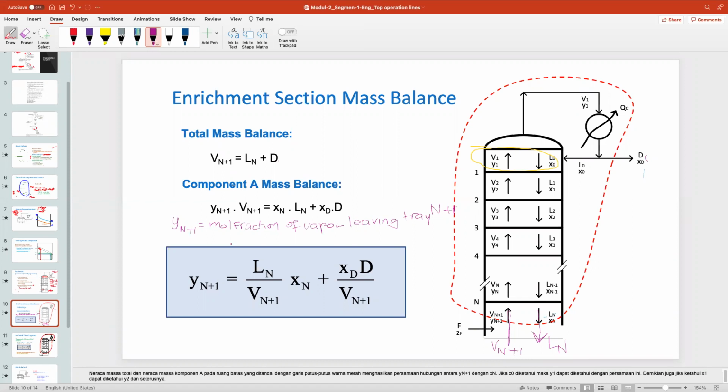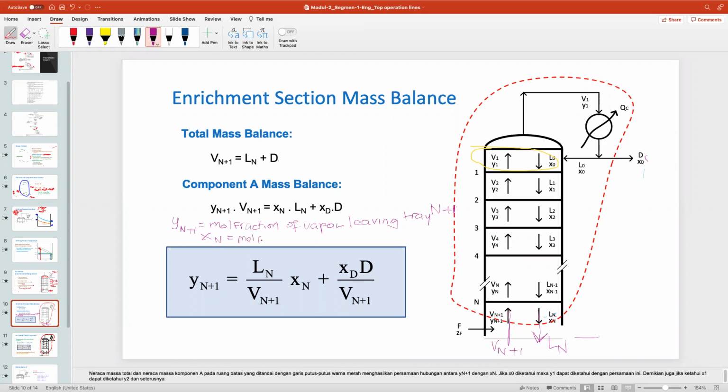How about this one, xn? Can you help me? What is xn? Maybe Dia, are you there? What is xn, the mole fraction of vapor or liquid? I think it is liquid. Yeah, that's good, Dia.